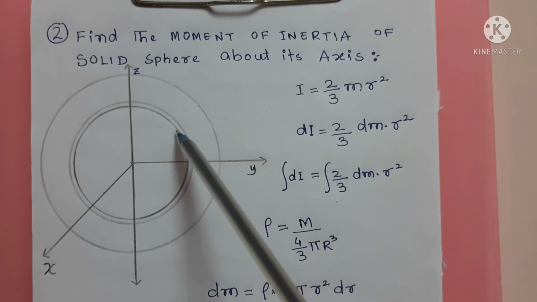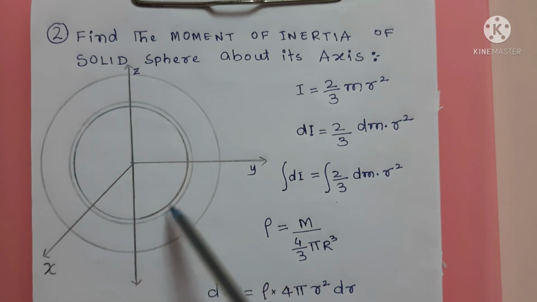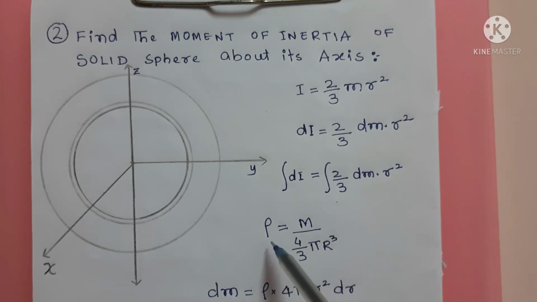Dm is the mass of this assumed spherical portion. For that we have to take the mass density, that is rho. Density is equal to mass per unit volume, the volume mass density.